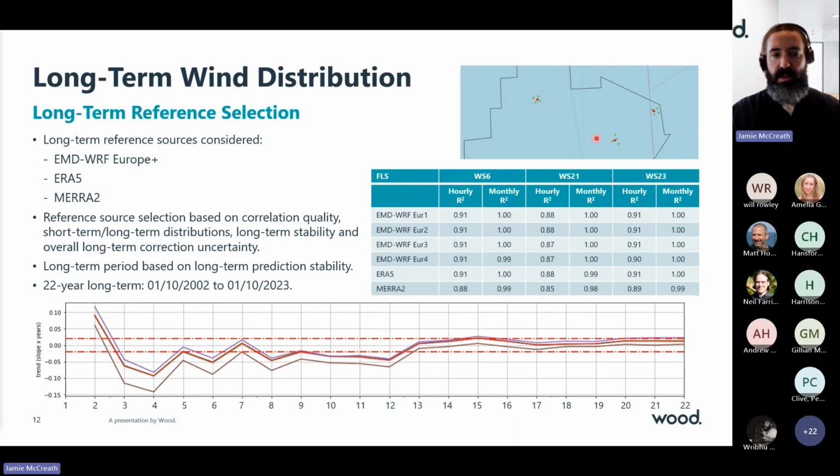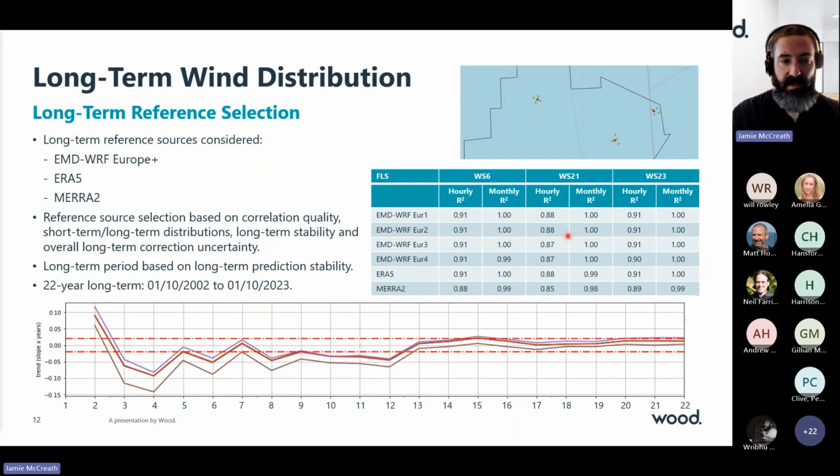So we chose the 4 closest nodes to each of the LiDAR deployments and used those to inform the long term. And then you can see here the correlations, so this is a linear regression between the LiDAR dataset and the long-term reference dataset.